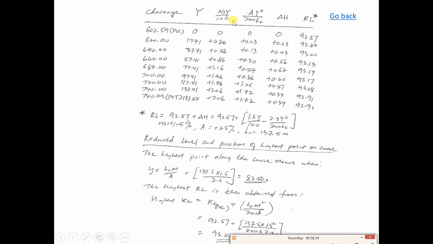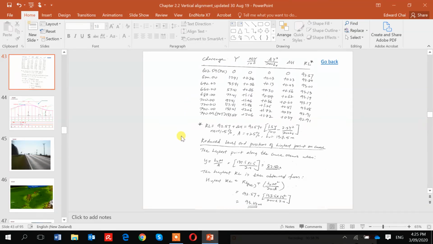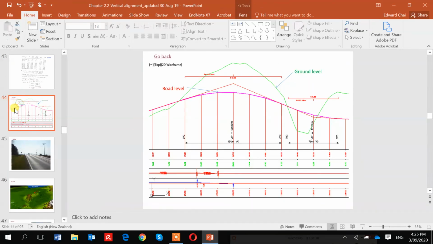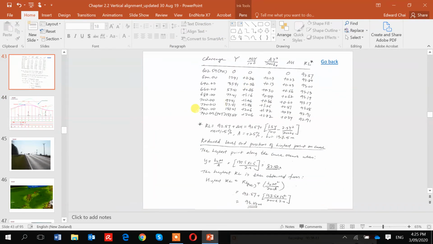my over 100, and then we got this ay squared. This x component is the vertical component. I don't know how to draw that. Let me see if I can draw it. I can't draw, I think the pen is a bit too sensitive. I can't draw this one on the sheet.